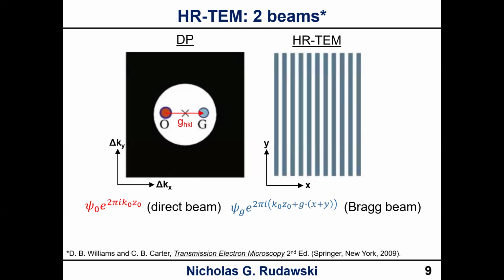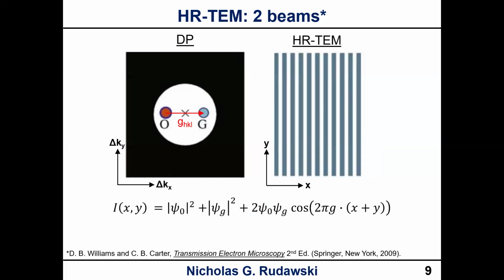So there's your high-res image. You see one set of lattice fringes, and it's very, very easy to show that your intensity in your high-res image, because that's simply the modulus squared of the total electron wave, which in this case would just be the sum of the individual electron waves, one for the Bragg beam, one for the direct beam, you get something like this, okay?